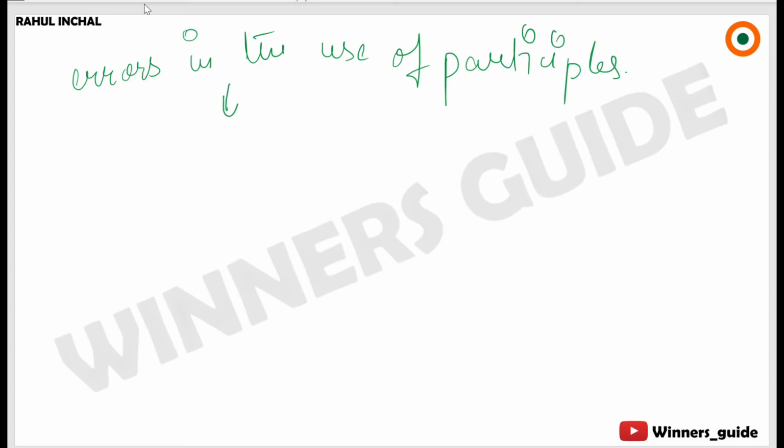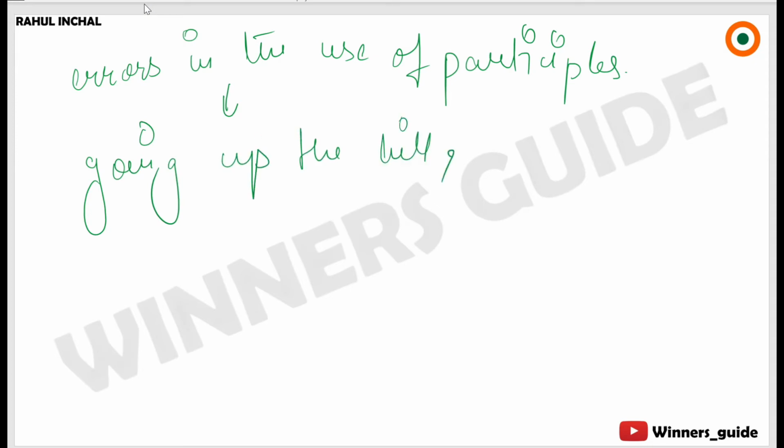For example, we have a sentence: going up the hill, an old temple was seen.